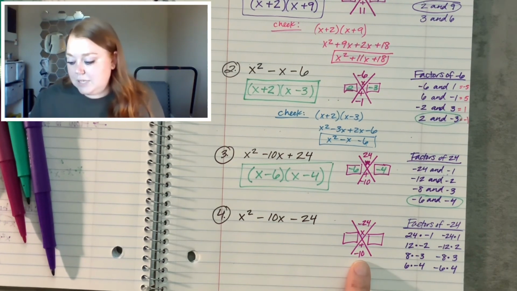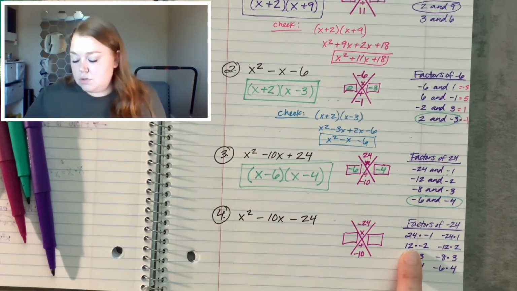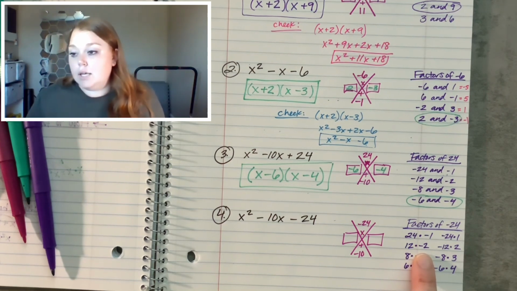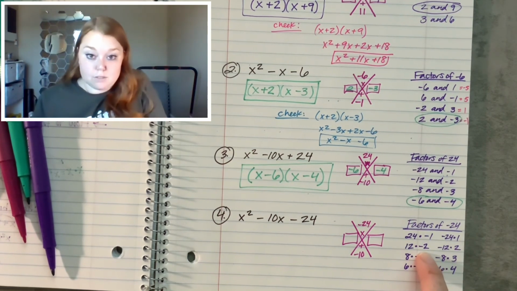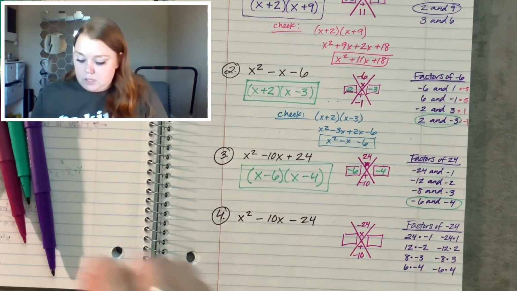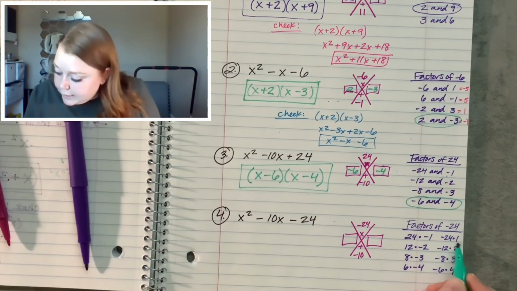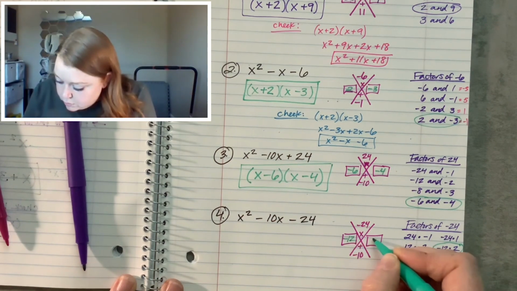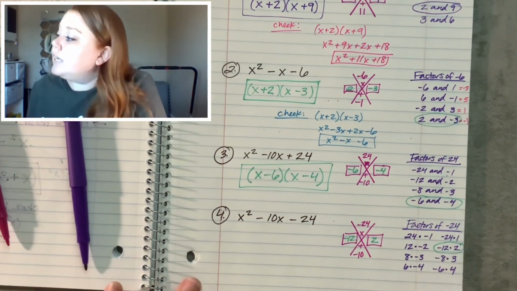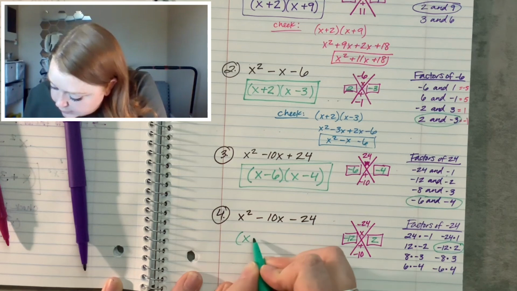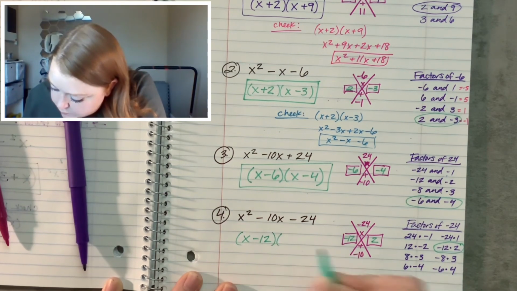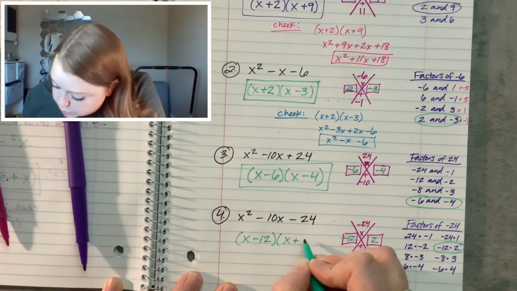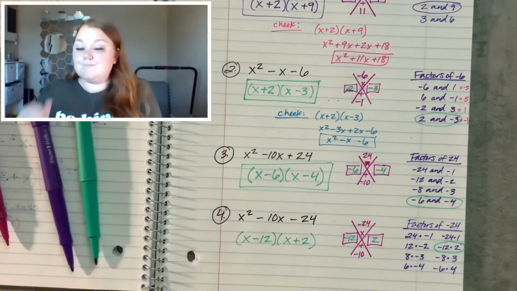Okay, so we want this to be negative 10. If I chose 12 and negative 2, that's like 12 minus 2, that's positive 10. So it's actually going to be this one right here, negative 12 with a positive 2. So my final answer here is x minus 12 and x plus 2.